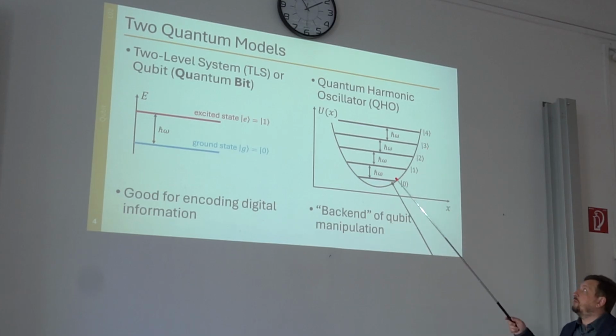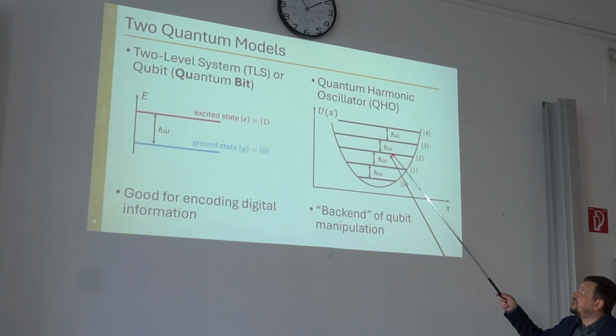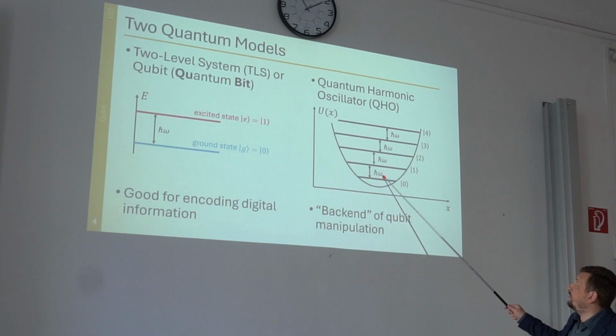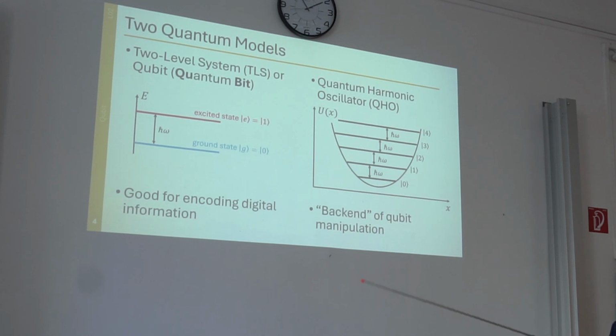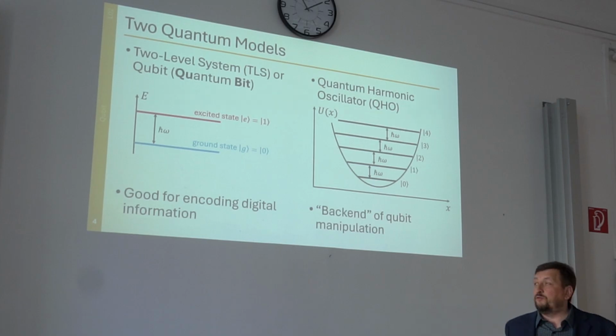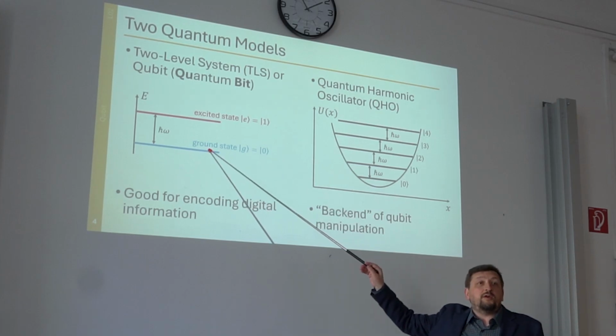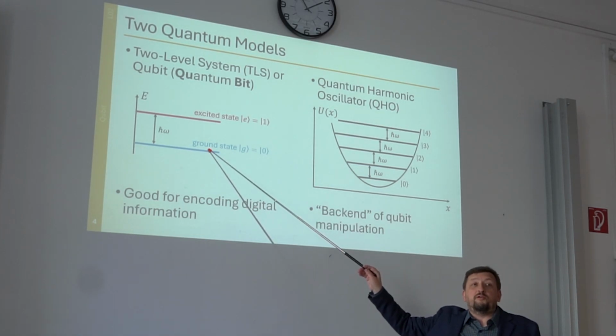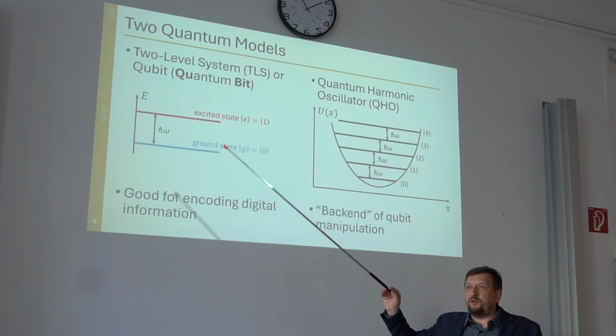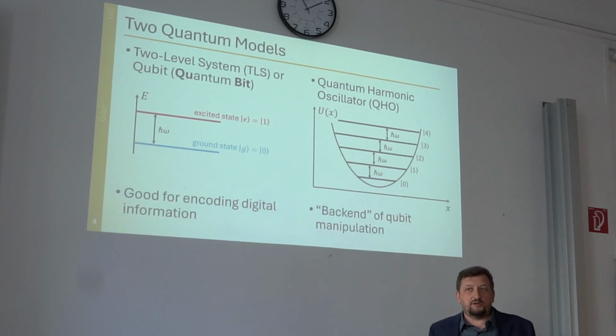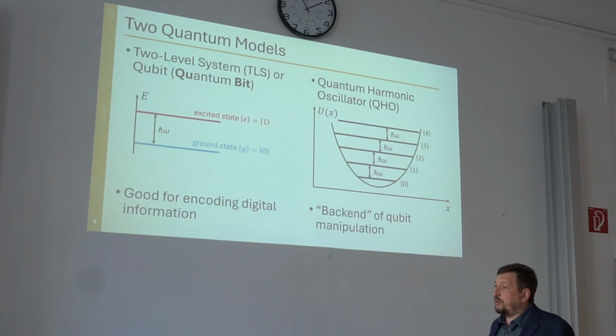The reason is that this energy step is exactly the same between each two levels. We can still use it as some encoding of information, but we have to be really careful, and generally it is much, much more difficult. Here it's simple. If we have just two energy levels, whatever we do, we will have 0 or 1 or some quantum superposition of it. Here we have to be careful.